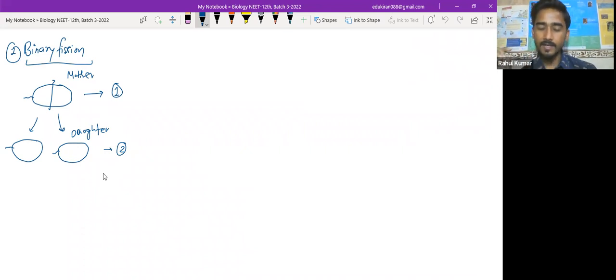The parent cell divides into two daughter cells. It is one of the simplest and uncomplicated methods of asexual reproduction.